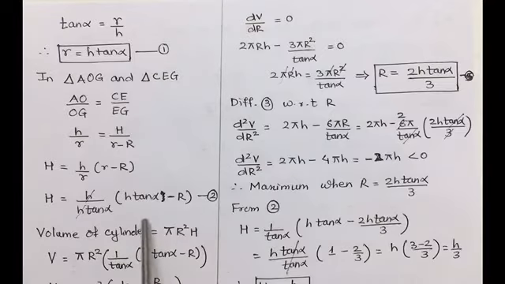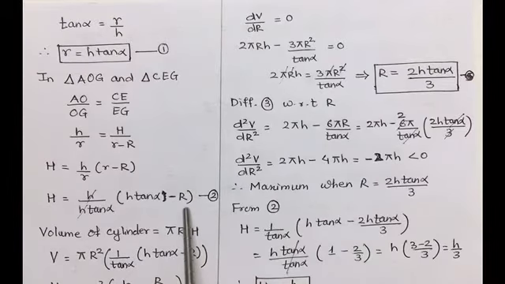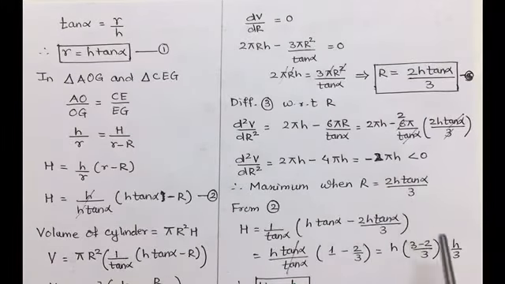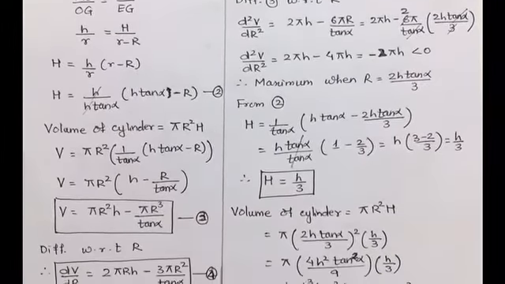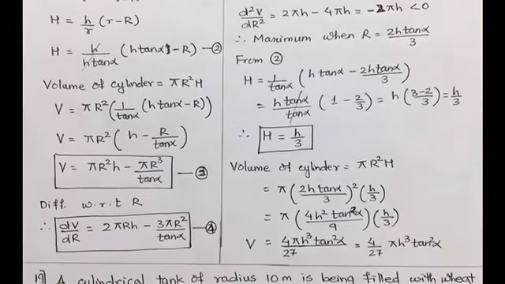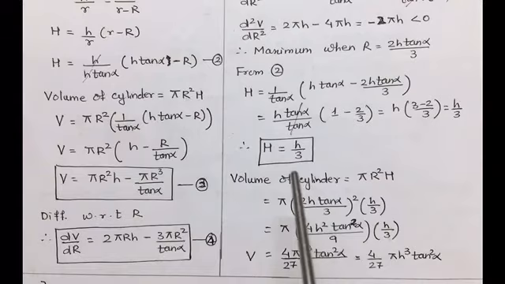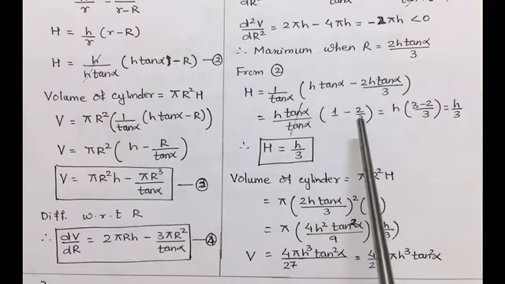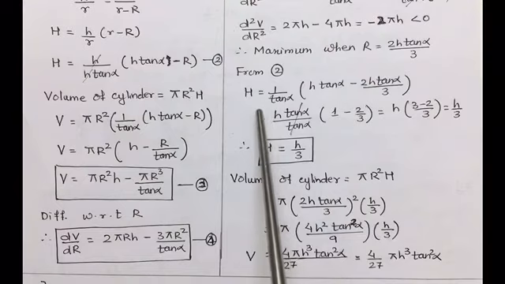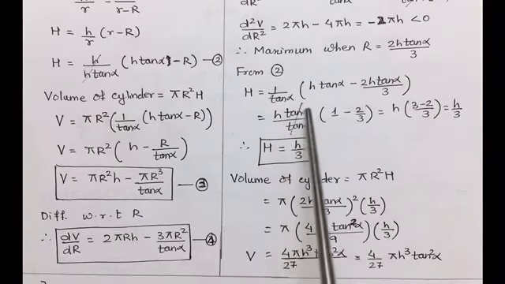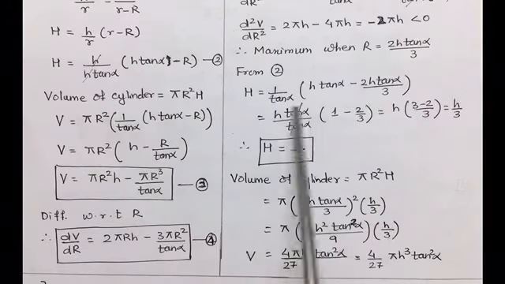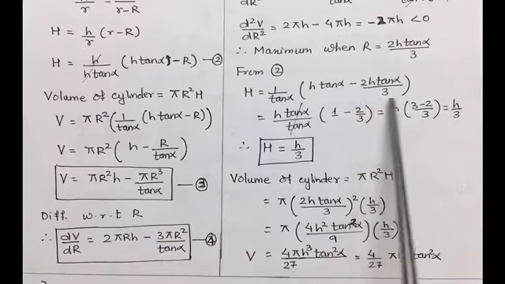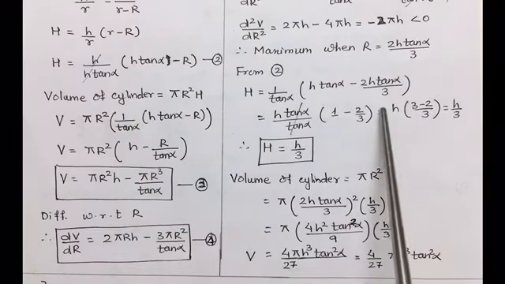Now taking up the second statement, keeping the value of r as 2h tan alpha by 3 and simplifying it, we get 1 by tan alpha as it is outside, h tan alpha as it is, and in the place of r, 2h tan alpha by 3.